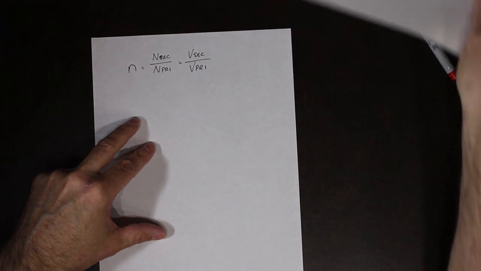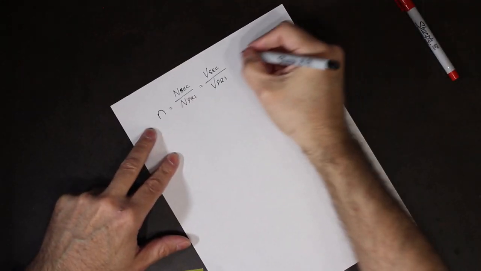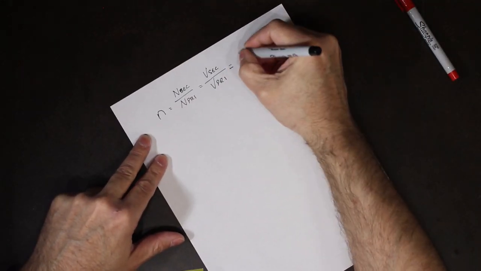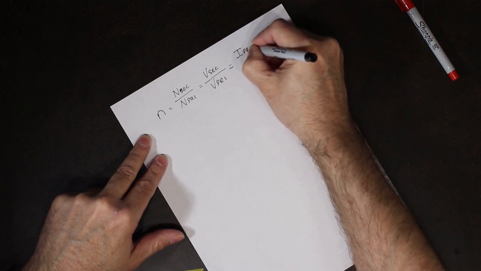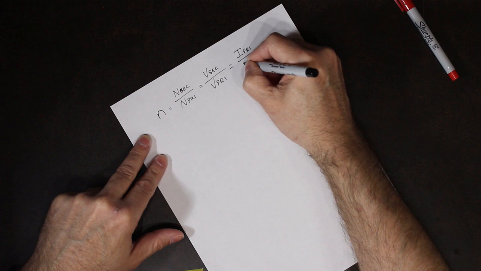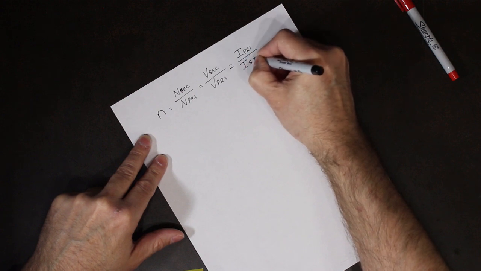So this relationship actually translates to current in the primary over current in the secondary.